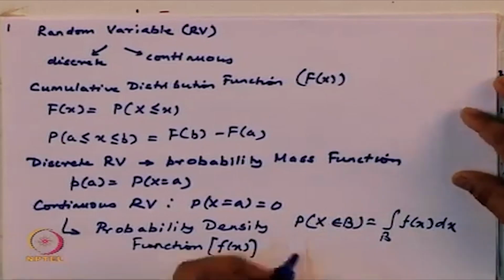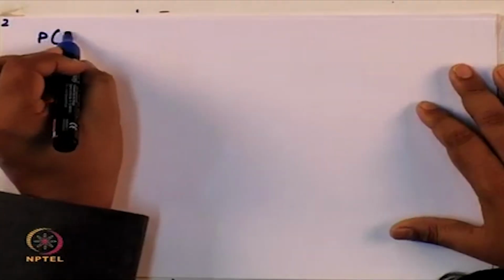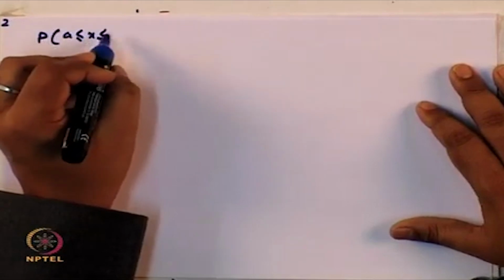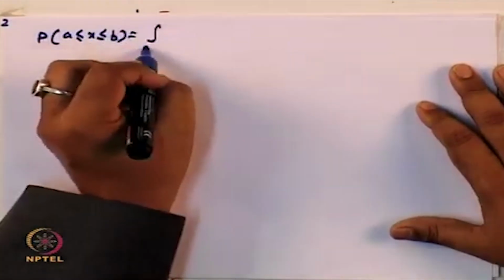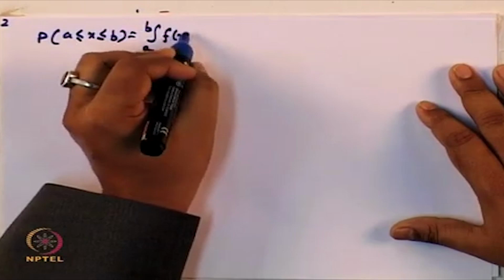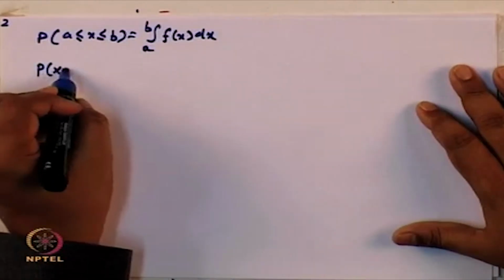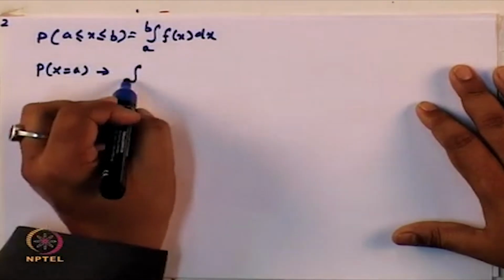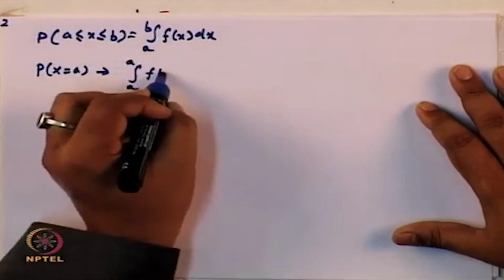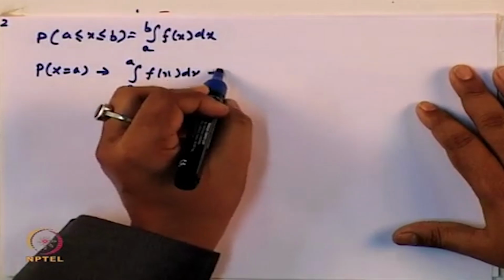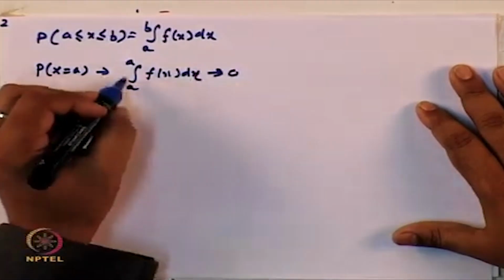So, this would mean that the probability of X in [a, b] is the integral from a to b of f x dx. So, probability of X equal to a would amount to the integral from a to a of f x dx, and this is nothing but 0, because you have the same interval.